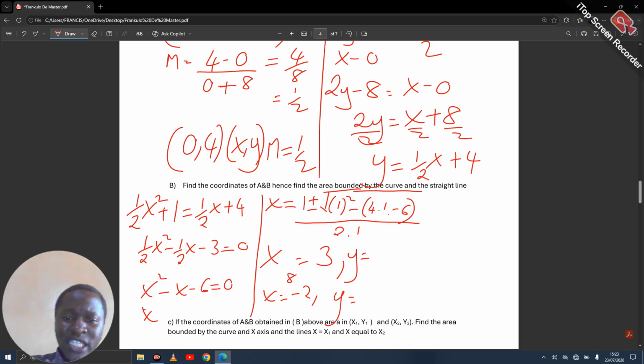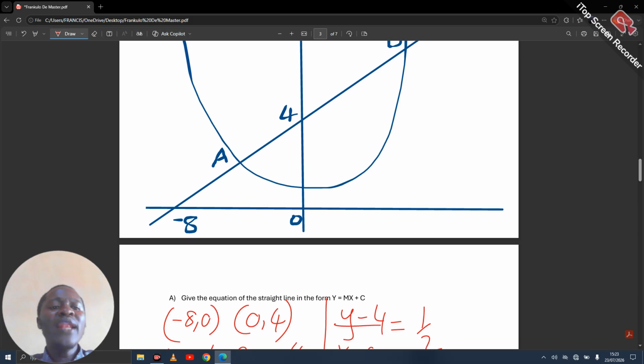Now, when x is 3, y is 5.5. And when x is negative 2, y is 3. So that means the coordinates of A, go back and check. What do you think will be the coordinate of A? Obviously, the x-value must be negative.